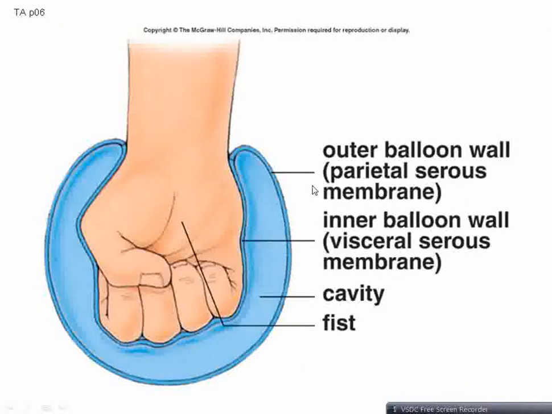Now let's consider this in detail. The hand is invaginating into the balloon, where the outer layer is a parietal serous membrane, and continuing as the inner serous membrane, the inner layer of the balloon. Between the parietal and the visceral layer is the peritoneal cavity, and the fist is representing the organ, with the posterior and anterior aspect of the abdominal cavity.